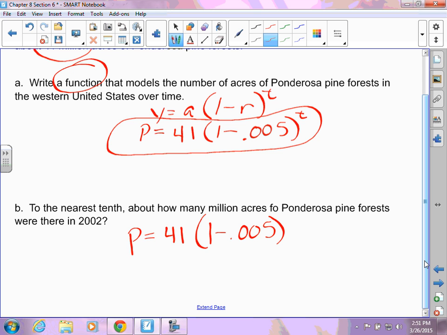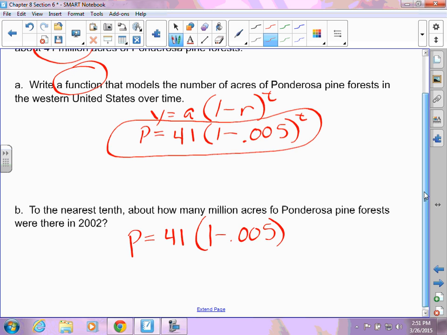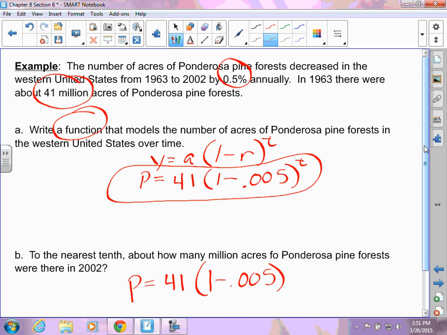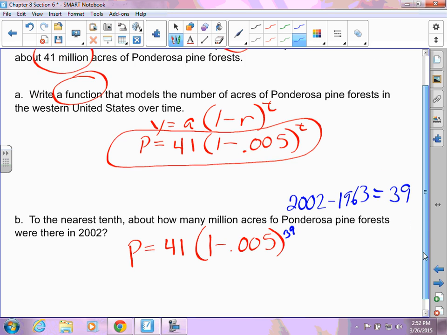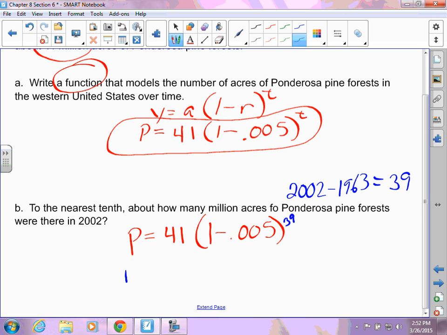It's from 1963 to 2002, so I subtract 1963 from 2002, and I end up with 39. That's my t right here. I plug it into my calculator, and P ends up giving me approximately 33.7 million acres.